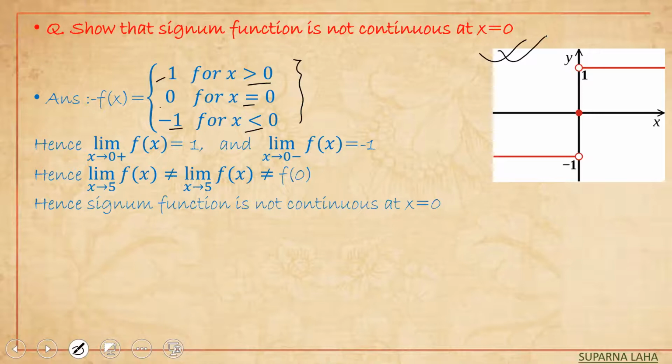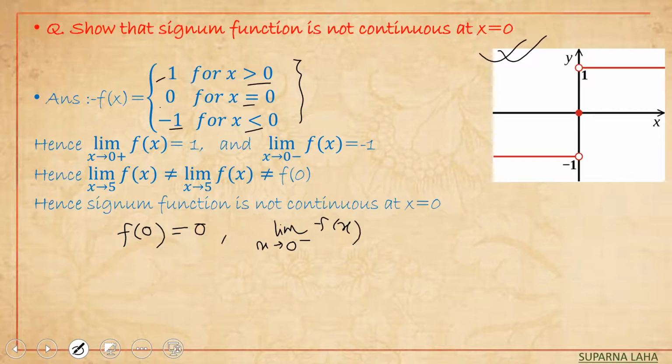Let's check it numerically. What is the value of the function at x equals 0? That is f of 0, which is 0. Now check the limiting value. Limit x tends to 0 minus f of x: for x less than 0, the functional value is -1.